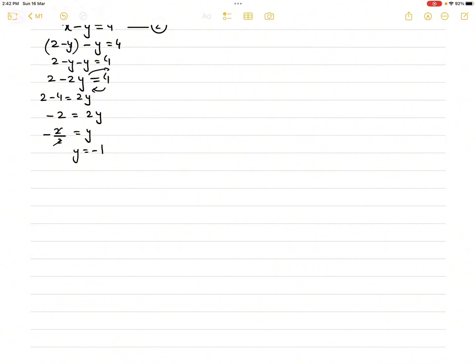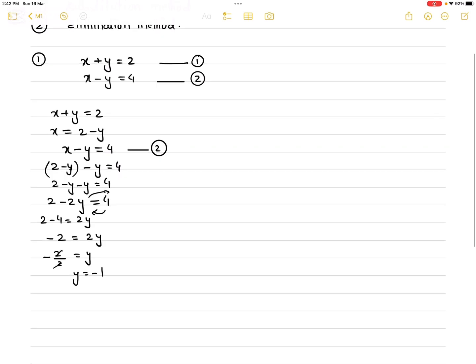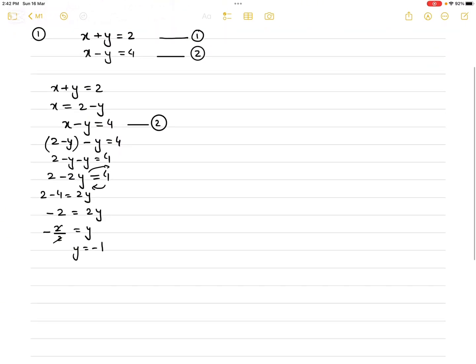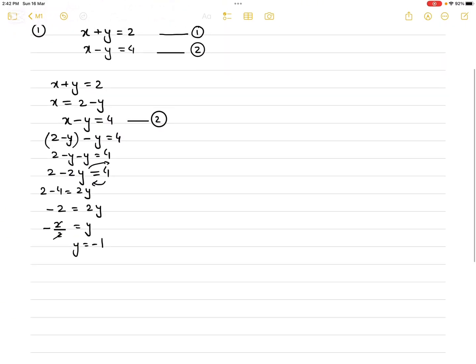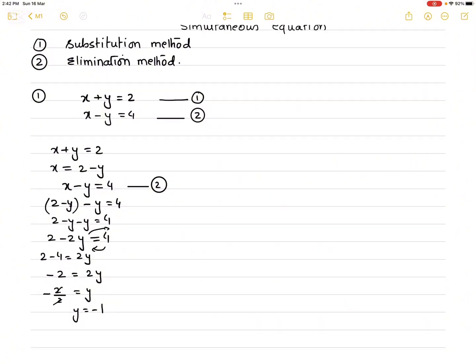Use this value of y equal to minus 1 in any equation, 1 or 2. Suppose I take equation 1, which is x plus y is equal to 2, and I place y equals minus 1 here. x plus minus 1 is equal to 2.